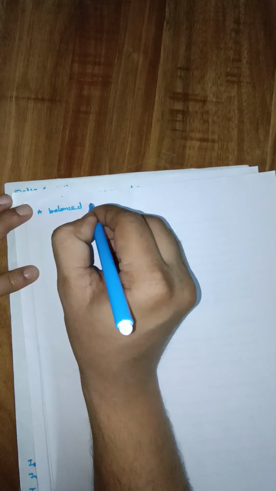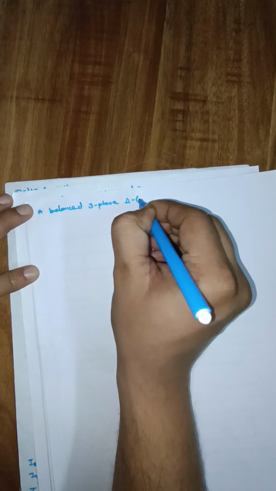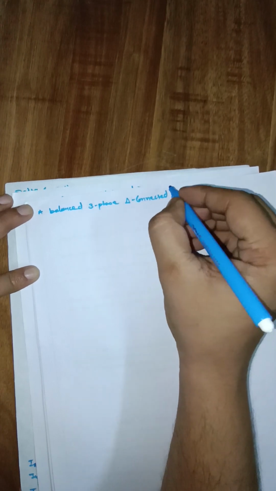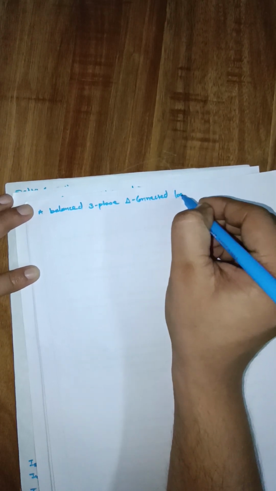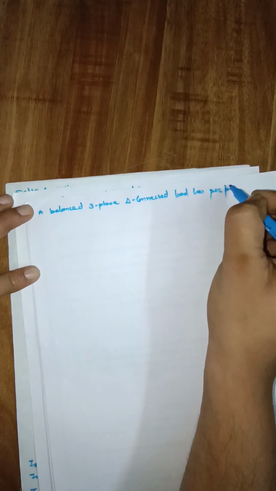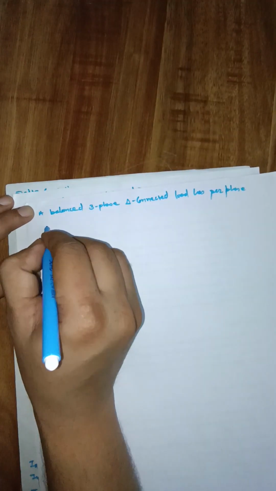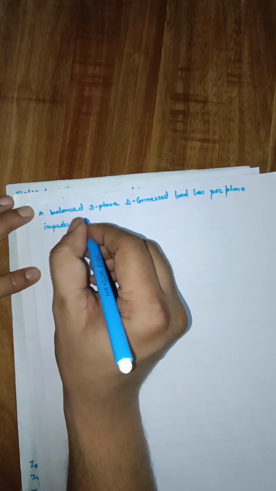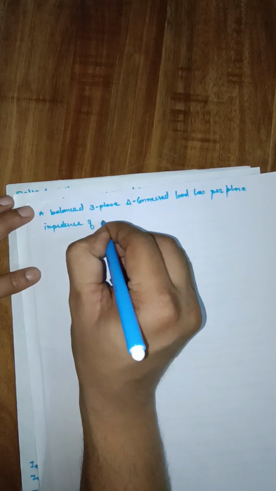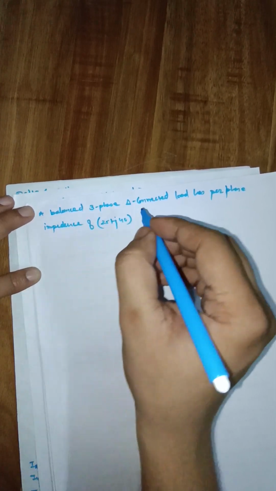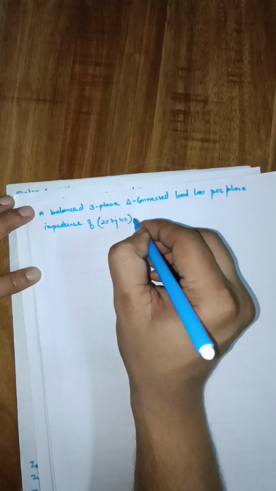A balanced three-phase delta connected load has per phase impedance of 25 plus j40 ohm.